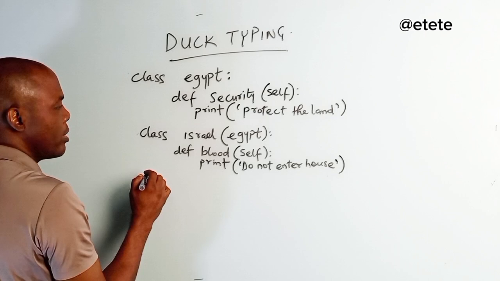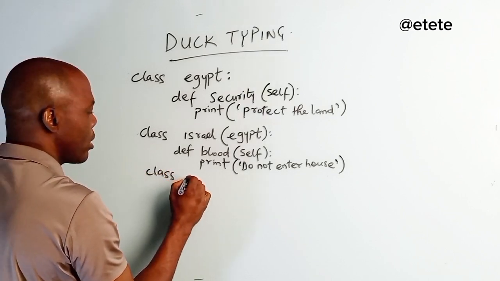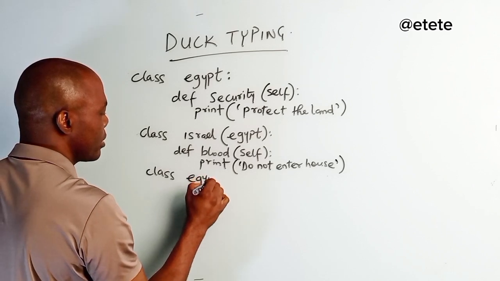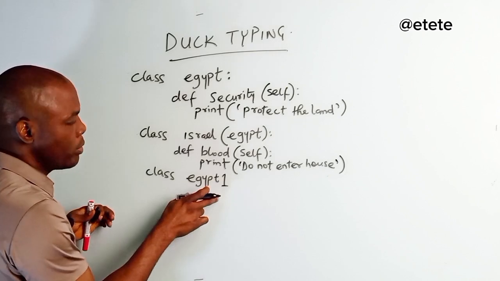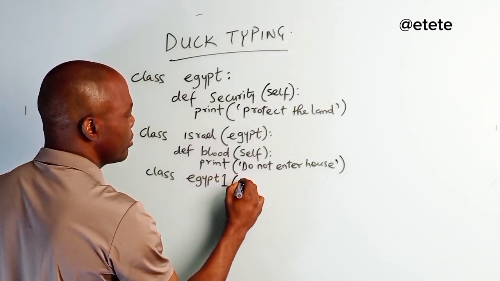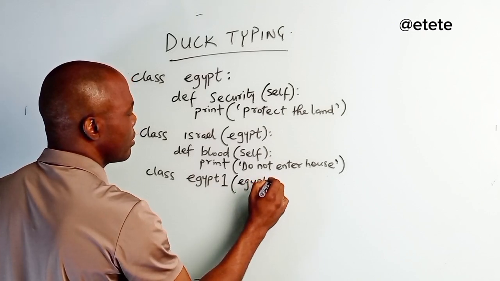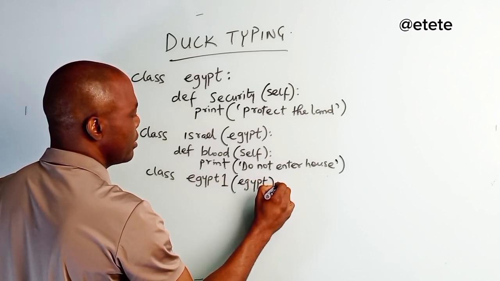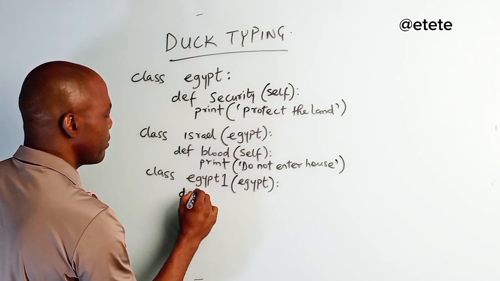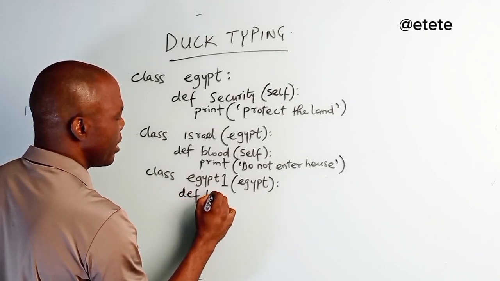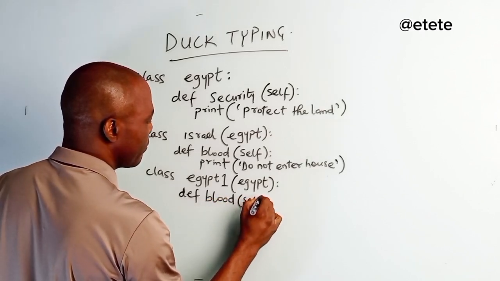Then we create another class again. We call this one Egypt 1, right? Now in this one too, the parent class is Egypt, still inside Egypt. And then in this one we have death, and then we have blood also inside, self.